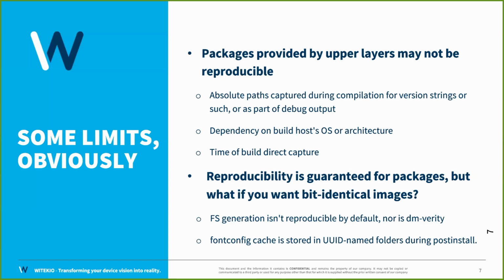Also, reproducibility is guaranteed by the core layer for packages, but you may want bit-identical images. The file system, the final image at the level you take it, particularly in the case where you want delta updates, because if you have differences between two successive builds of the same sources, imagine what it becomes when your source first changes and you do an actual update.